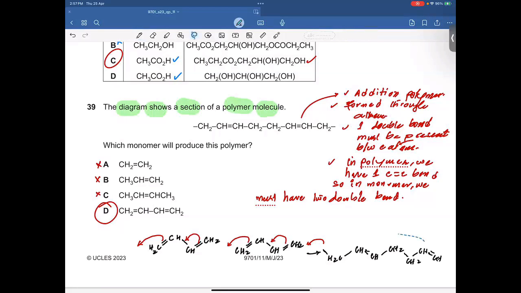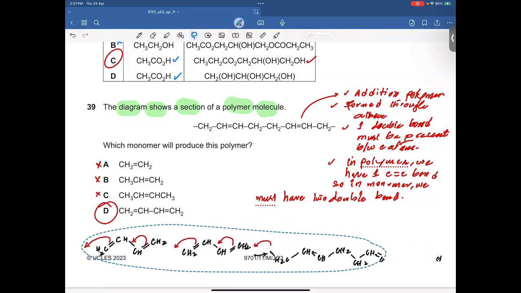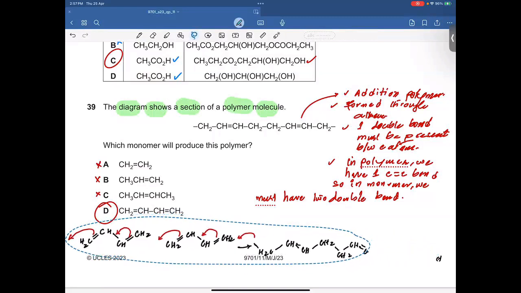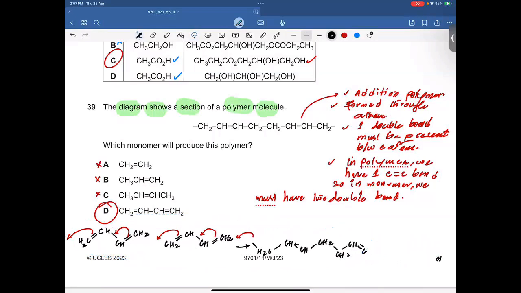My goodness, that's a lot of things. Okay. CH2, CH, double bond CH, CH2, again CH2, and CH, double bond CH, and then CH2, and then continuation. So this is the structure.